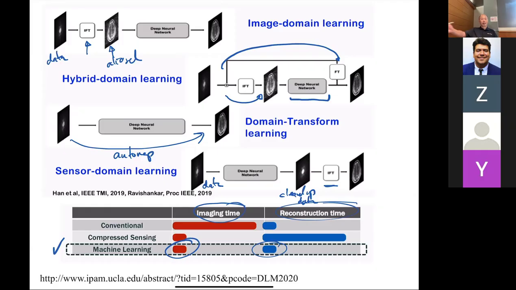Because sometimes, if the scanner doesn't have enough GPUs, it's just stuck there reconstructing and it can't be used for the next patient yet. Obviously, the manufacturers try to get better GPUs all the time, but that's one of the things where there has been... there's still compressed sensing out there, but I think there is a real desire to go toward more deep learning.